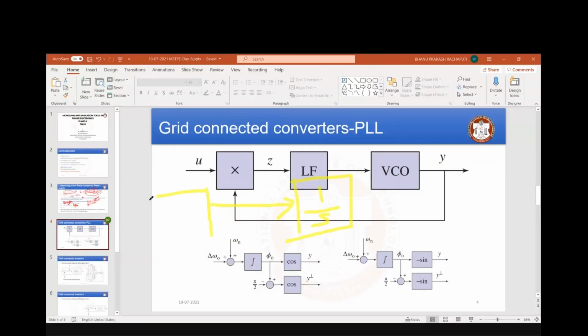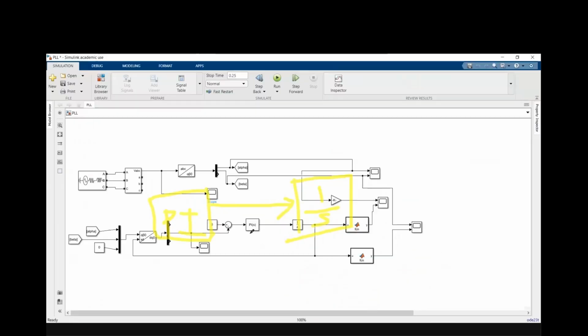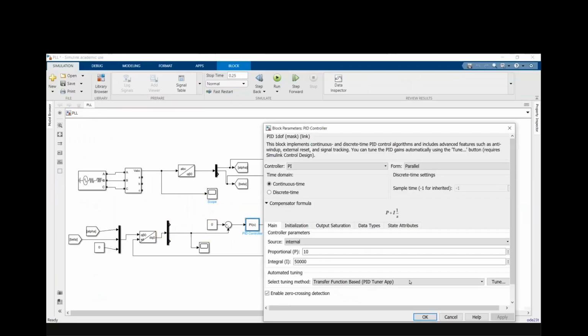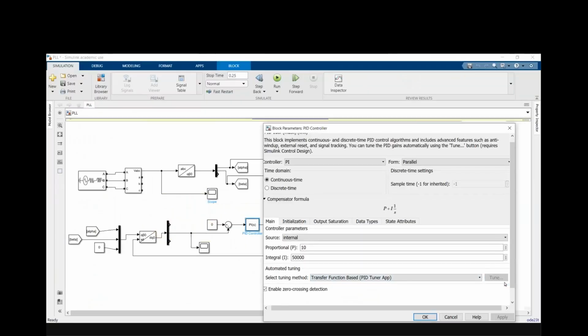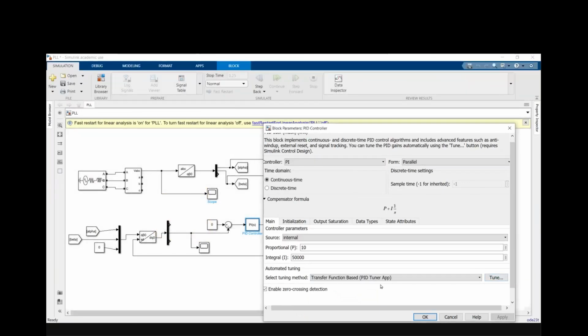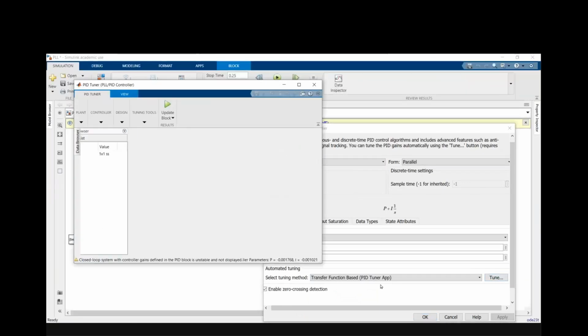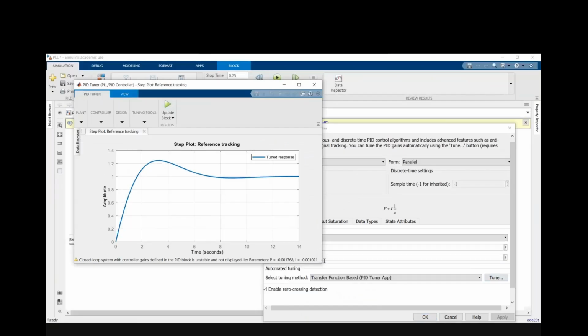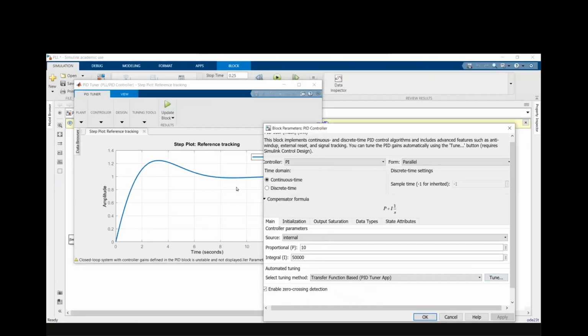And you have your PI controller. Let us check whether we can tune the things here. You can open this. You have the system. You can click on tune. This is how I got my response.